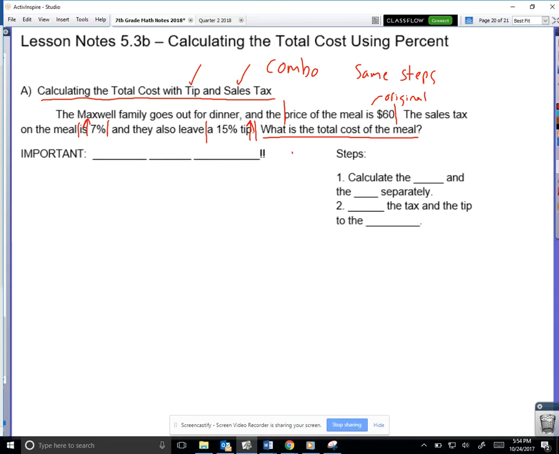Now, looking at this problem, the simplest thing would be to say, well, let's just go 7% plus 15%, and then go through our steps of multiplying that by 60, adding it up, and getting our final bill. We can't do that.